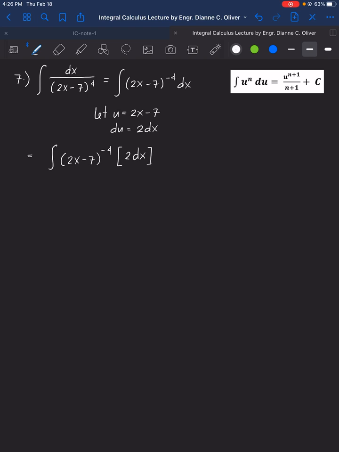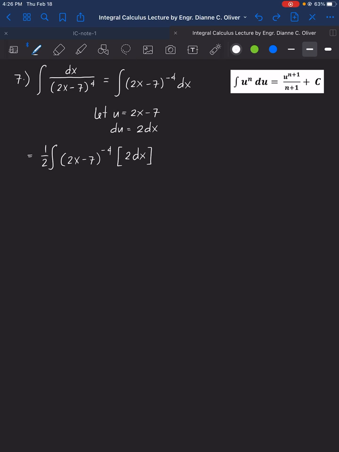Now, in the original given function, we have dx only, but no 2. So to balance it, we will put 1/2 outside the integral sign so that we can cancel this out and we can still return to this original form.